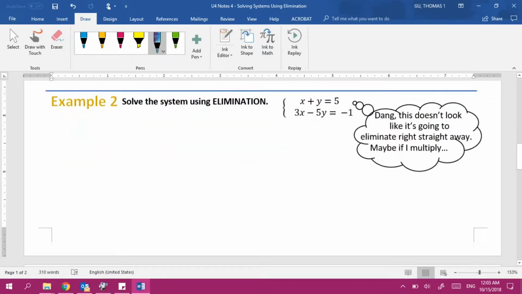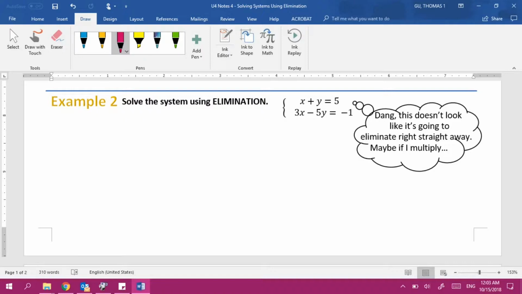We're going to solve this system using elimination. We're going to do this one together because, watch this, this doesn't look like it's going to eliminate straight away. The system is x plus y equals 5 and 3x minus 5y equals negative 1. There's nothing that's going to cancel straight away if I just add or subtract.